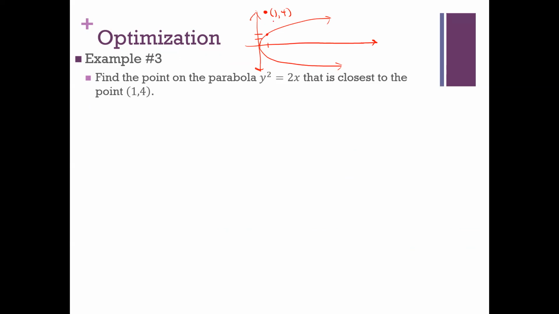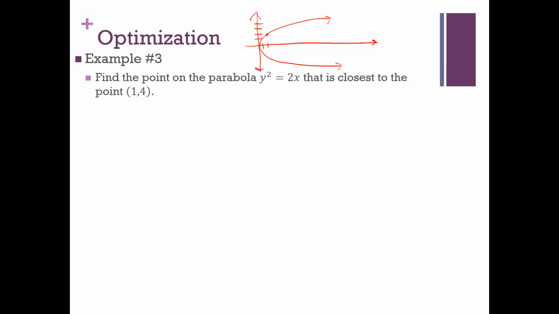That's not going to be a nice integer, is it? Okay. X equals 1. Oh, X, yeah, okay. That's good. So the point 2, 2 is on this graph, where we're trying to minimize our distance to 1, 4.